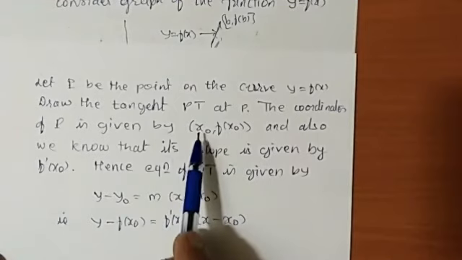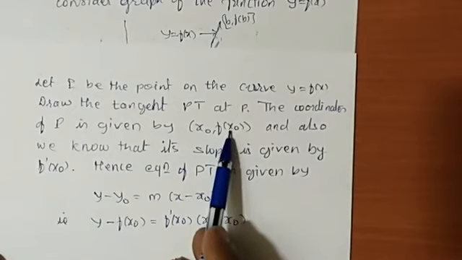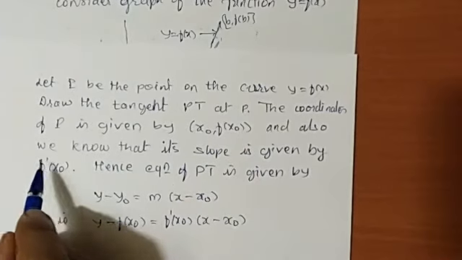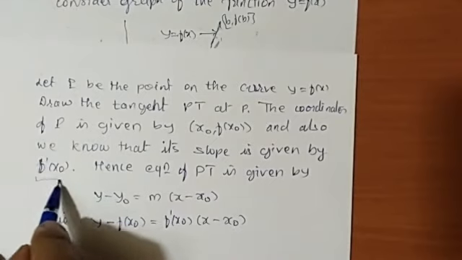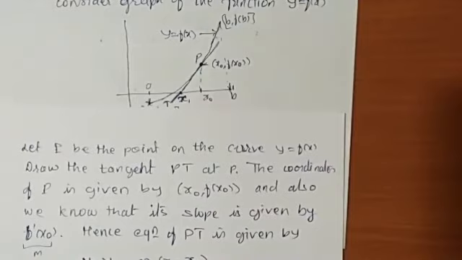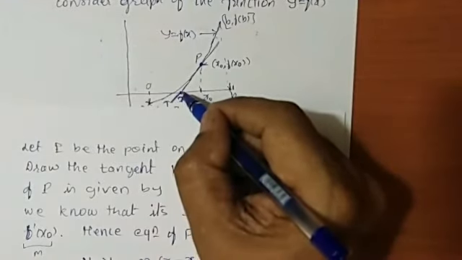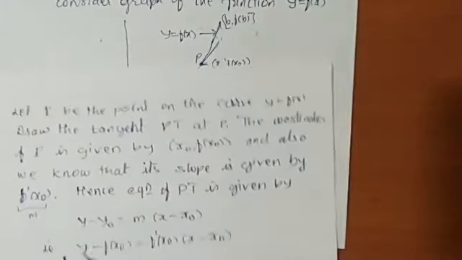Because it passes through x naught, y naught, where y naught is f of x naught, and it is having the slope f dash of x naught. This is my m, the slope. So I make use of this, right? Now, I take x1 as the point at which this tangent PT cuts the x-axis.